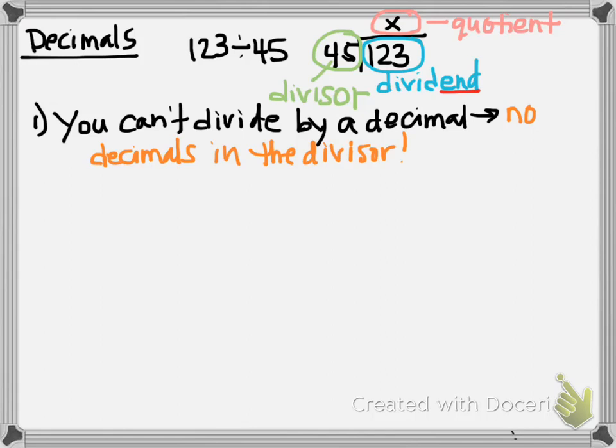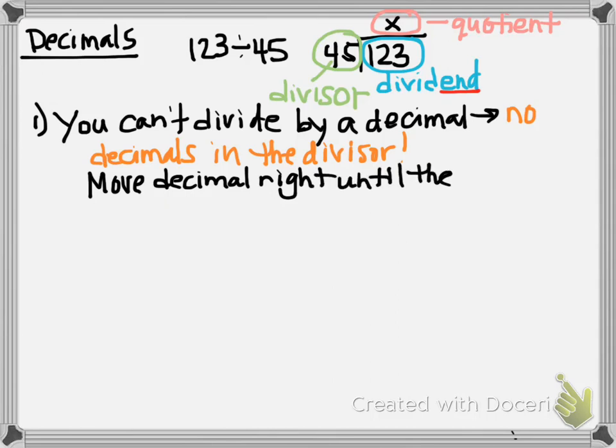So what you're going to have to do is figure out how to make the divisor a whole number. So you're going to move the decimal point right until the divisor is a whole number.